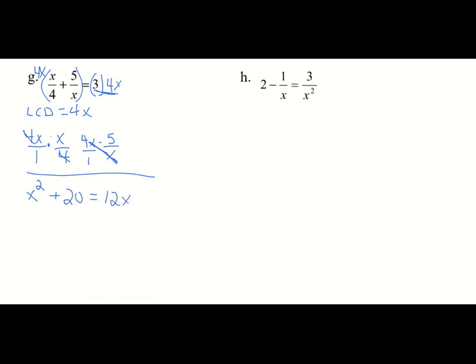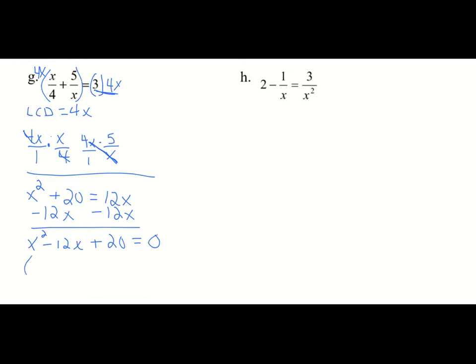Now, this one, because our highest power is 2, it's going to be a quadratic. So I need to set it to 0 and see if I can factor to solve it. So I'm going to subtract 12x from both sides. And I end up with x squared minus 12x plus 20 equals 0.